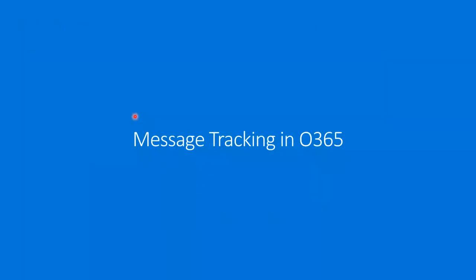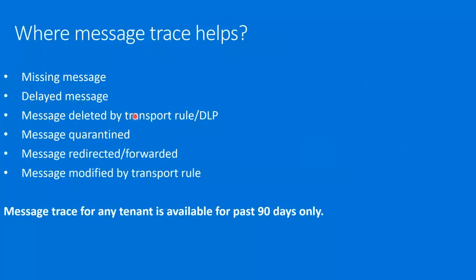So how do we track messages in Office 365, and when do we even try to do this? When we have emails missing, which we discussed, or if there is a delay in receiving emails, to understand what happened, which hops were involved, and where the delay was actually happening, the message trace will help us understand that.